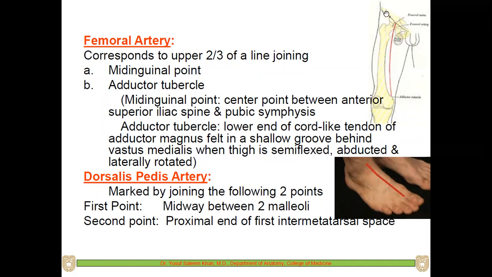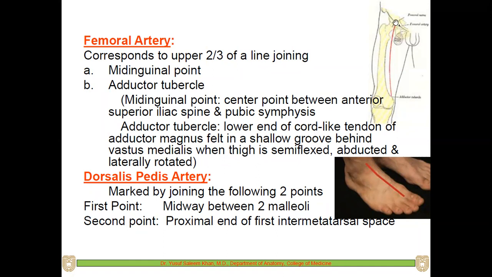If you join these two points and take the center of that, that is called the mid-inguinal point. There are two terms. One is the midpoint of the inguinal ligament, and the other is the mid-inguinal point. The midpoint of the inguinal ligament is the midpoint of the inguinal ligament itself. Mid-inguinal point means if you join the anterior superior spine to the pubic symphysis, the center of the two is called the mid-inguinal point.